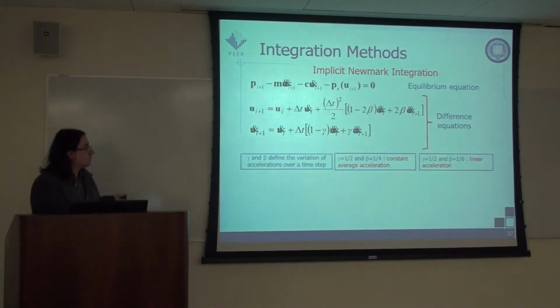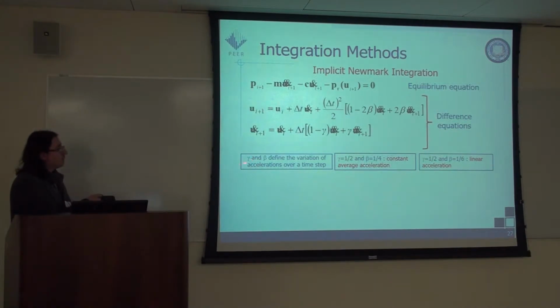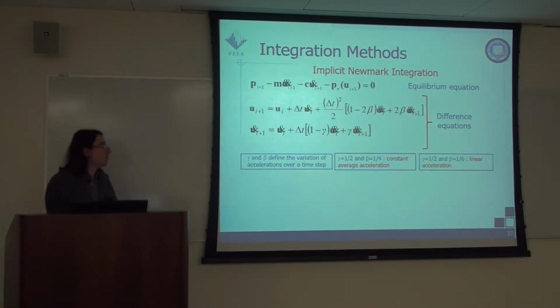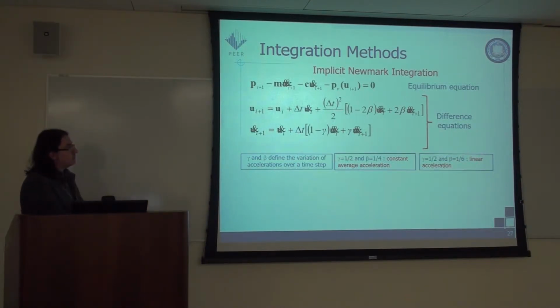Just as a side note, the parameters gamma and beta define the variation of accelerations over a time step, and gamma 1/2 and beta 1/4 is the constant average acceleration over the time step, and beta 1/6 is the linear acceleration.